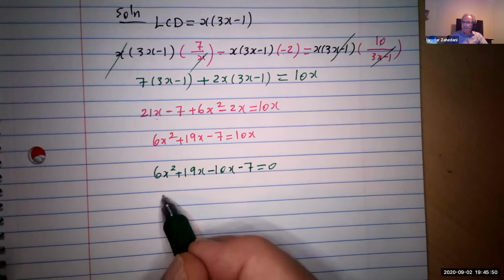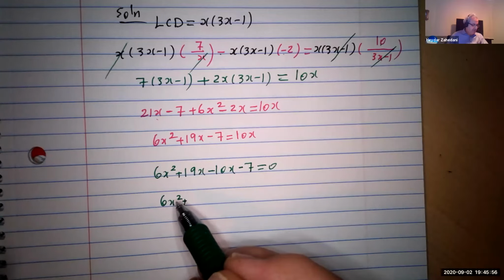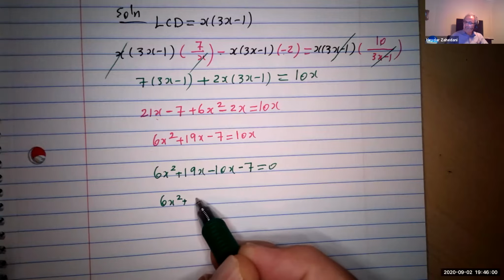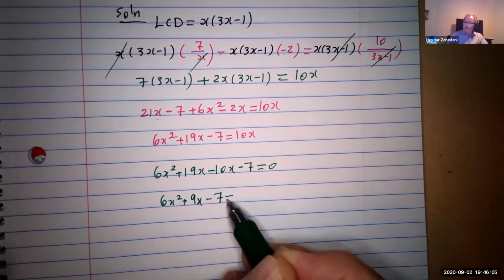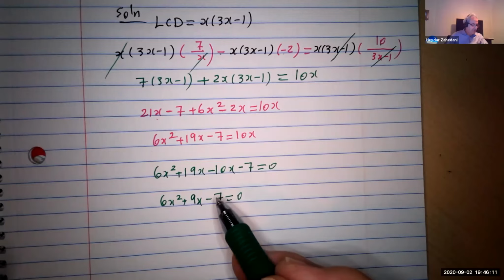Combine the like terms, that gives you 6x squared, and over here is going to be plus 9x, plus 9x minus 7 equal to 0.